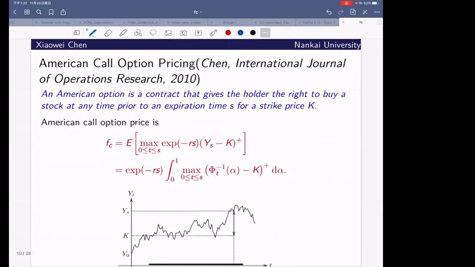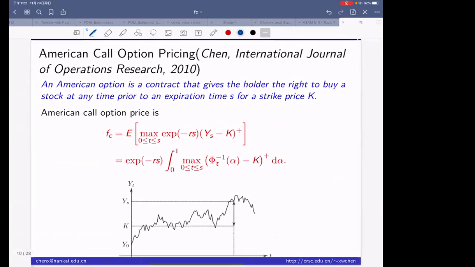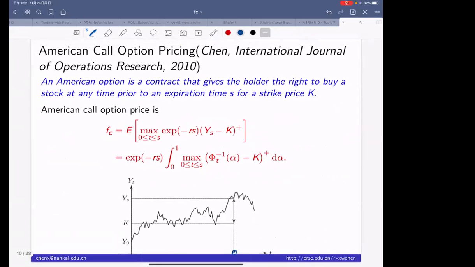For the American option, it is also not very difficult to find the pricing formula. The difference between an American option and a European option is that if you hold an American option, you can exercise before the expiration time. You can choose any time between time 0 and the expiration time.